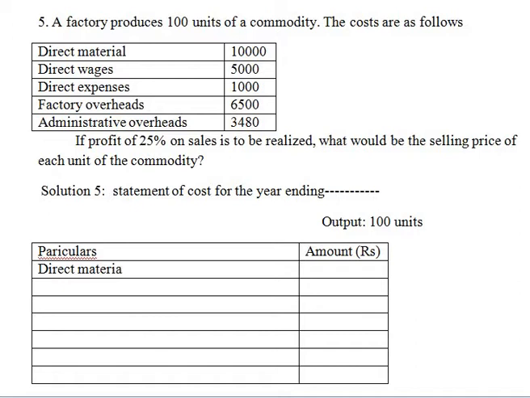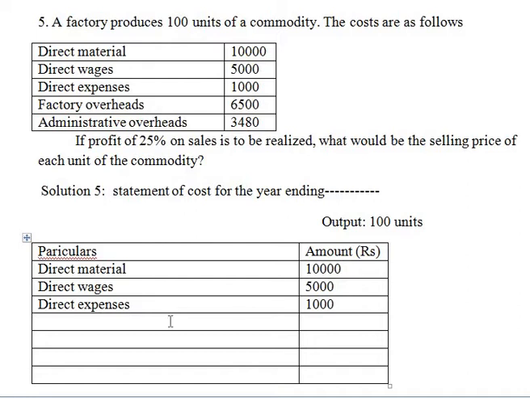Direct material amount is 10,000 in the amount column. Next step is to take direct wages. Direct wages is how much? 5,000. Next they have given direct expenses. Direct expenses amount is 1,000.